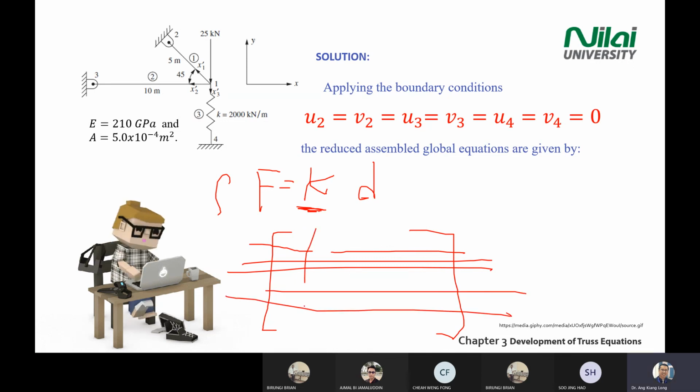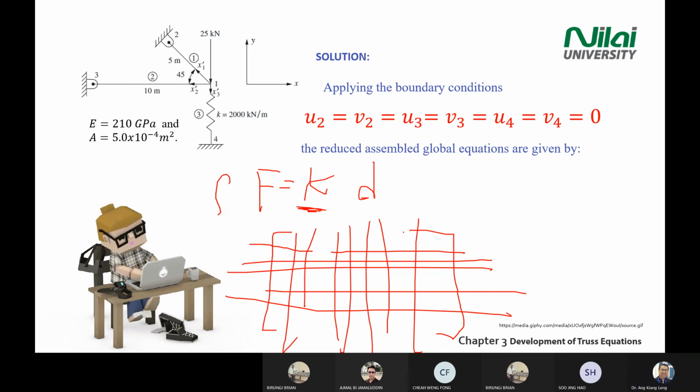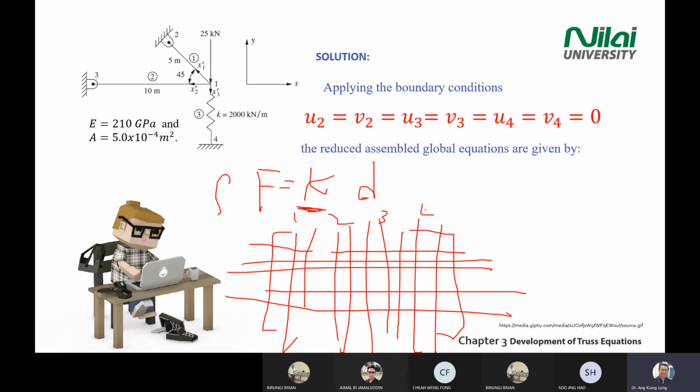So use your ruler to draw. Your K is a very big K. You have 8 numbers because you have 0.1, 0.2, 0.3, 0.4. So you have U1, V1, U2, V2, and so on, U3, V3, U4, V4.